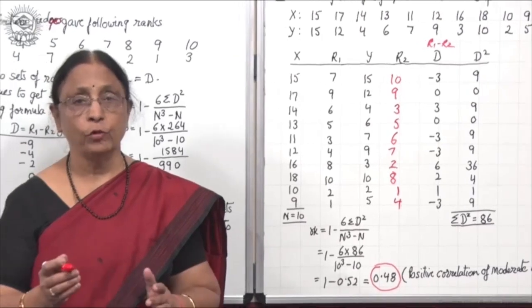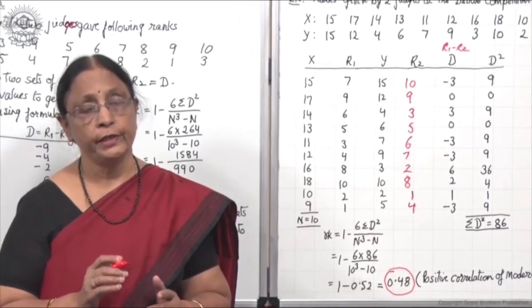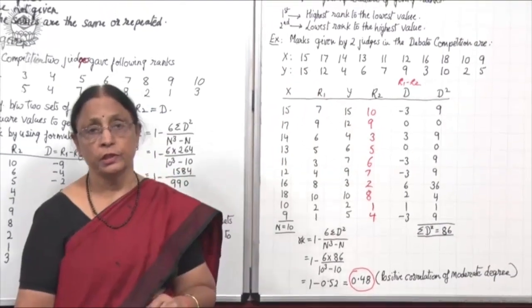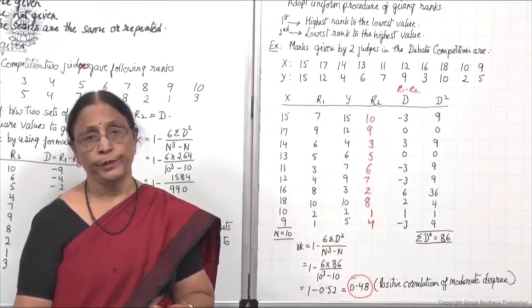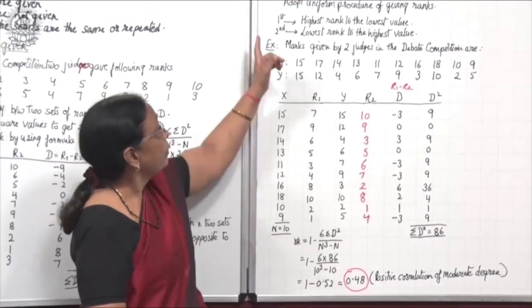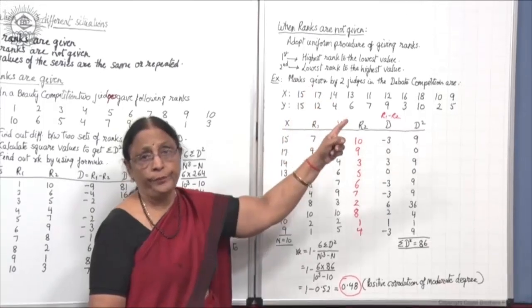It is a positive correlation of moderate degree between the judgments of two judges for the debate competition, right? So this is the example when ranks are not given.